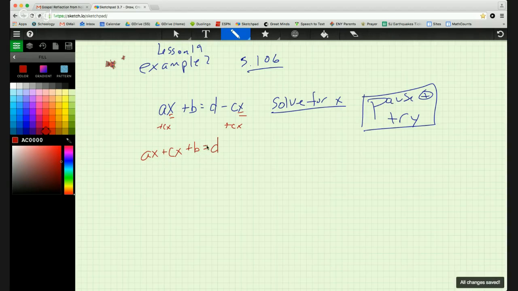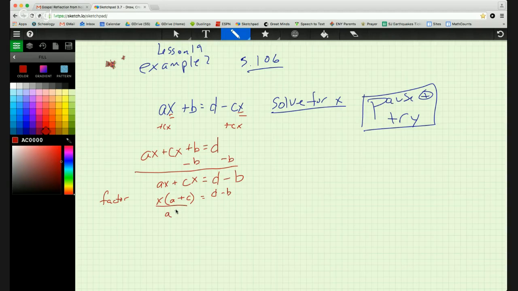Well, I need to get this b over to the right, because that's not part of our factoring. So ax plus cx equals d minus b. Now we factor.